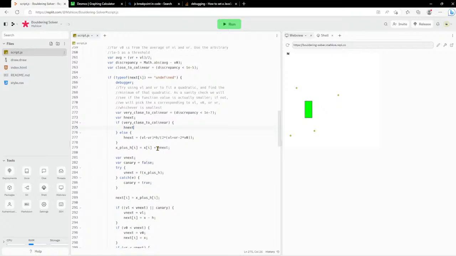Just set h next equals VL minus VR, then minus 2 times h, otherwise 2 times h, like, whatever. Like, I don't know. Just whatever.